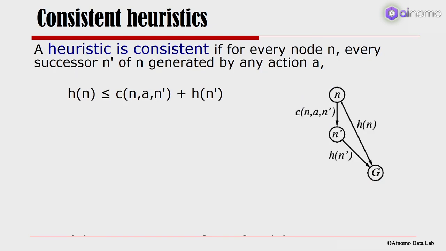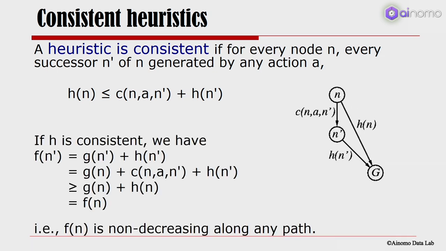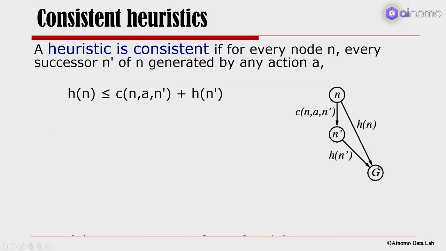Let us say we have the cost to a node given to us from n to this given node, or if the total cost to the goal is h(n), and h(n) can be looked at given another successor node n prime of n generated for any n. h(n) would be the cost of coming from n to n prime because of an action a, and then going down by an estimated n prime to g.